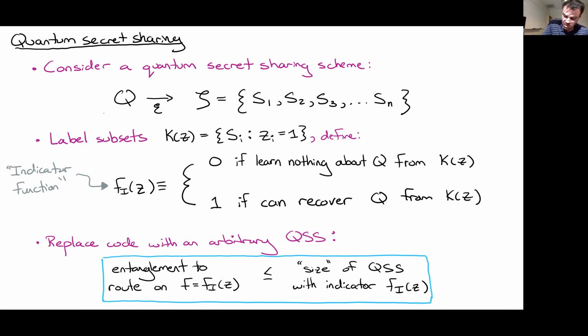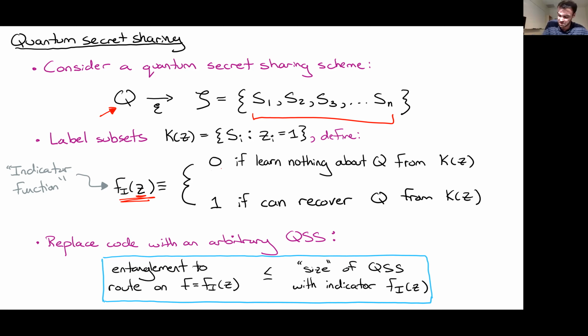In quantum secret sharing, you're taking some quantum system, which is called Q, encoding it into n shares, S1 through Sn. You have some desired structure, some desired pattern of which subsets recover Q and which don't. That structure is captured by what's called the indicator function. The indicator function takes a string of length n, the string labels subsets.